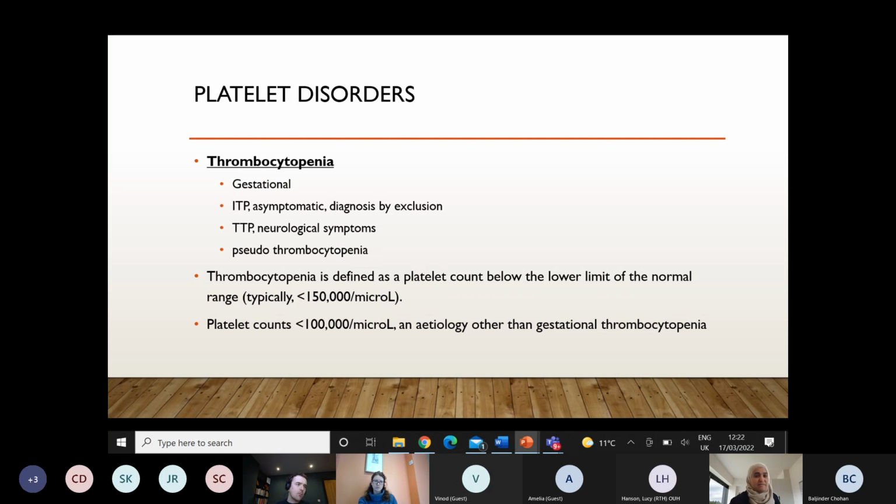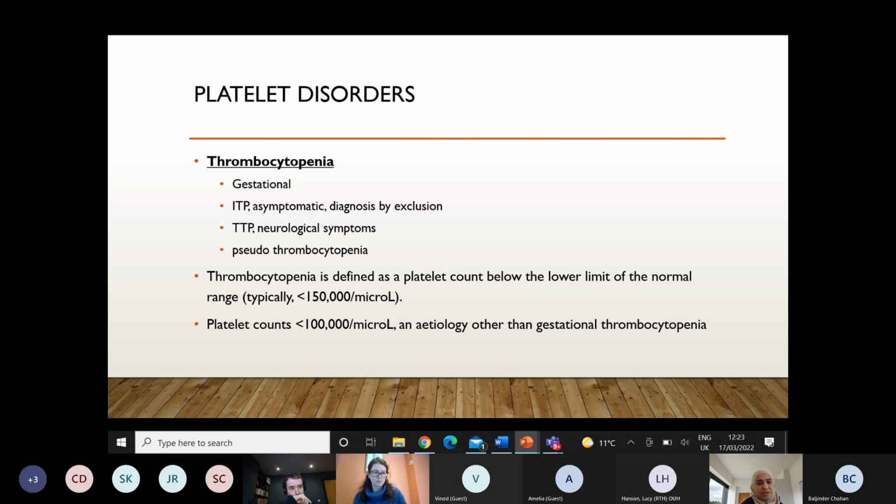The definition is less than 150,000 per microliter. And if it is more than 100,000 per microliter, then we have to think about other than pregnancy-related causes. So the commonest cause is gestational, just because of the physiological changes of pregnancy; in some women there is more impact on platelet count with hemodilution, so you see lower levels of platelets, but that is more common in the 2nd and 3rd trimester.